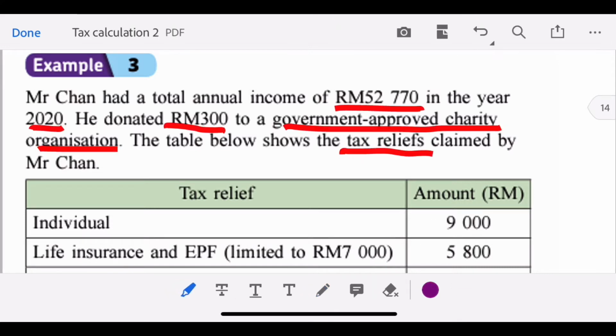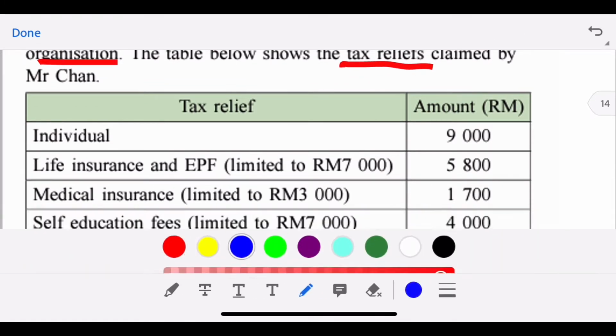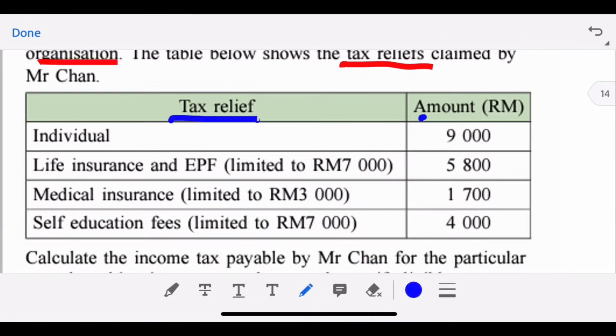So for tax relief, let's say tax relief and the amount. For individual, 9,000. Life insurance and EPF limited to 7,000.